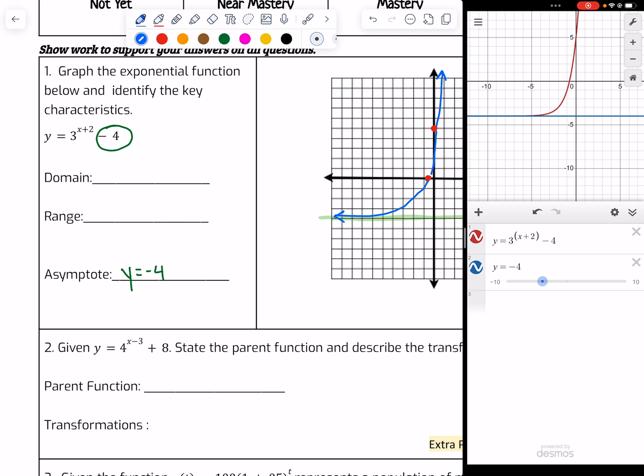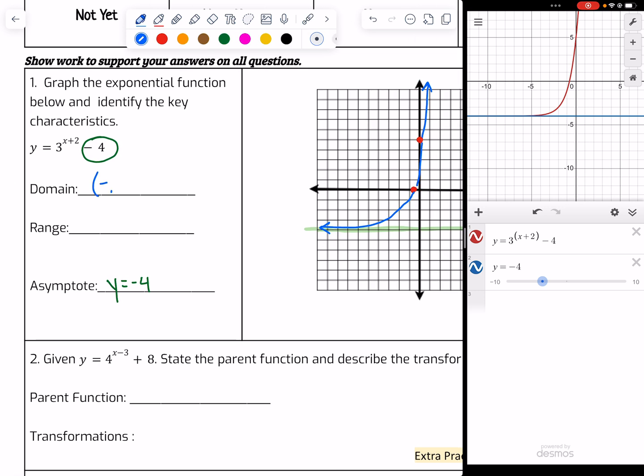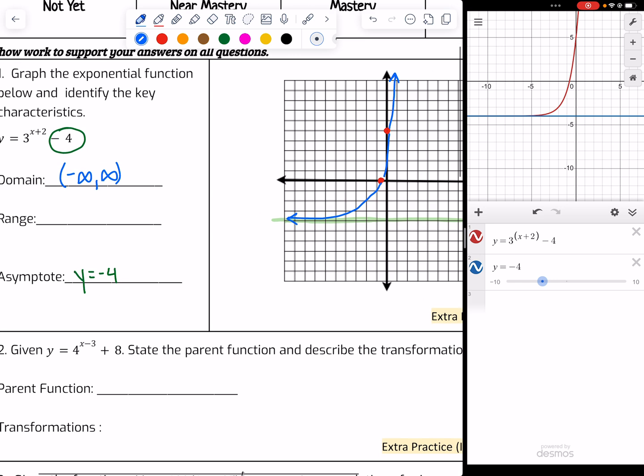The domain of this graph, I can tell this graph is going to go left forever because of this arrow over here. And then it's steep, but it is technically going to go to the right slightly forever. So that means the domain is going to be from negative infinity to positive infinity. And then the range of the graph is how low to how high the y values go.